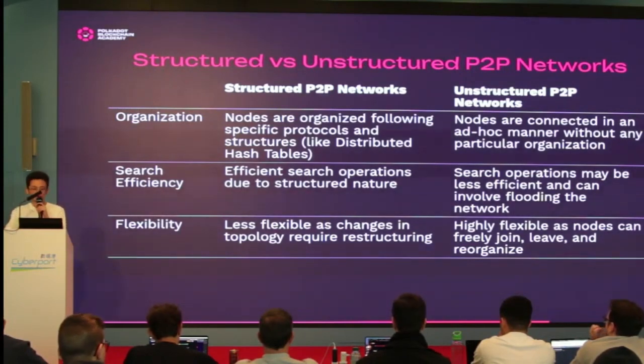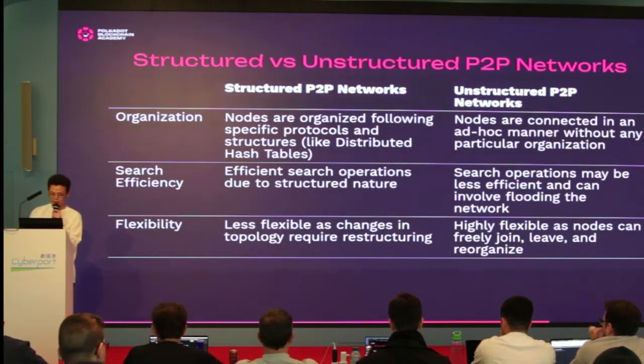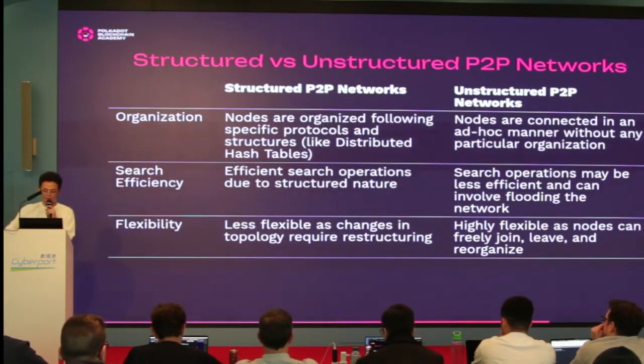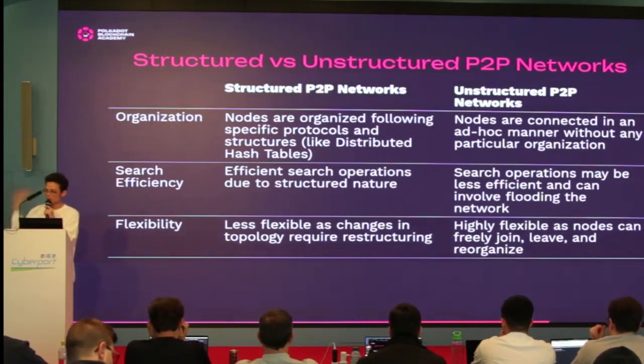Newly joining nodes will no longer know which nodes to connect to if a bootstrap node is not there. So changes to the network topology will be less flexible, but still more flexible than a centralized network. Regarding an unstructured peer-to-peer network, it is highly flexible, as nodes can freely join, leave, and reorganize. That's why we say the nodes are connected in an ad hoc way.